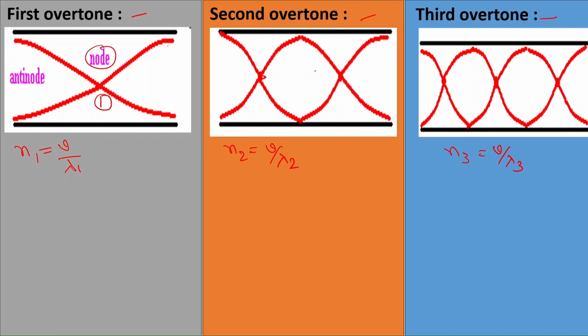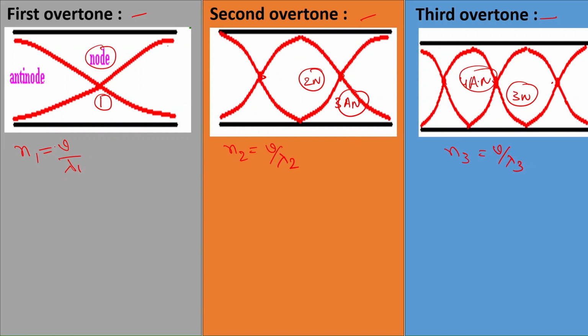Here it is 2 nodes and 3 antinodes. And similarly here 3 nodes and 4 antinodes. These are the overtones, nodes and antinodes in the open pipe.